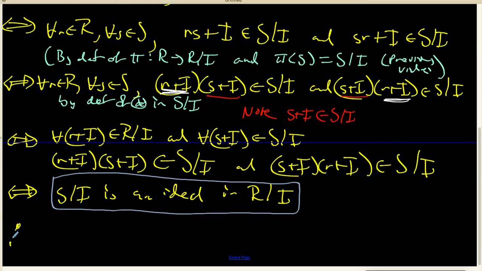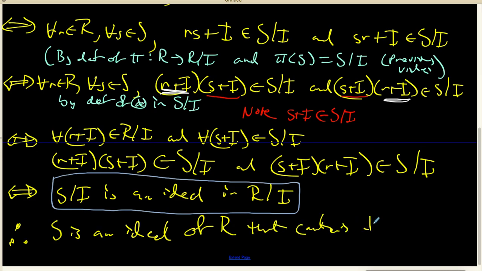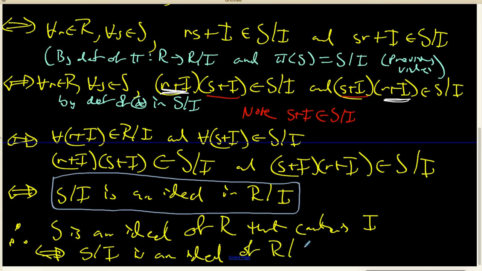And so to tie this up, we are now entitled to say that S is an ideal of R that contains the ideal I if and only if S/I is an ideal of the quotient ring R/I. So the correspondence theorem says subrings in R correspond to subrings in R/I, and ideals in R correspond to ideals in R/I.